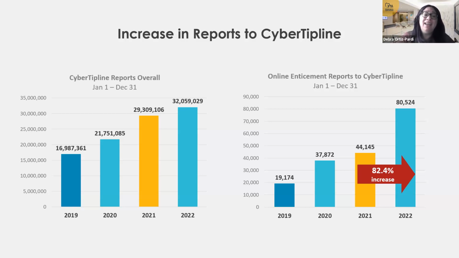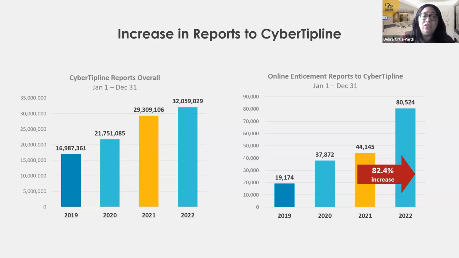But as you'll see on the chart on the left-hand side, this has really increased over time, and we can continue to see that steady incline in reports over the years. But what is probably more concerning is the increase that we're seeing in online enticement reports.